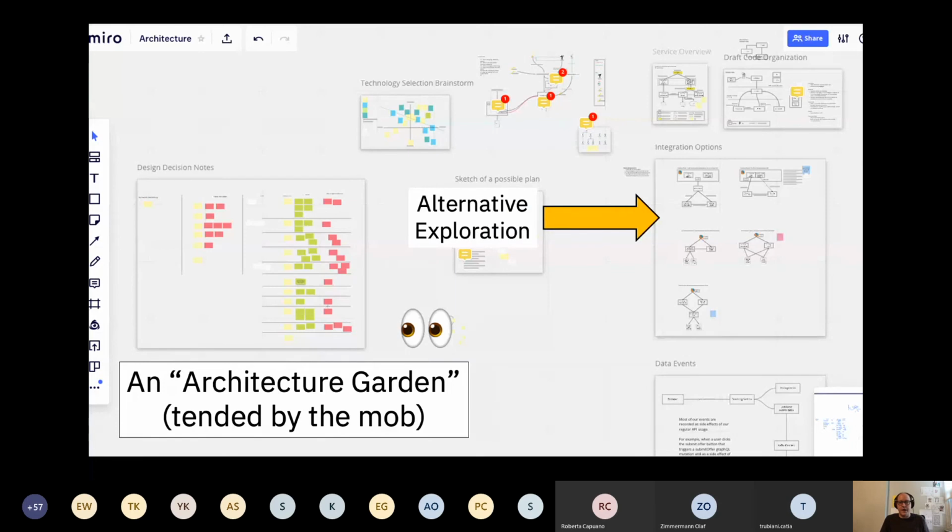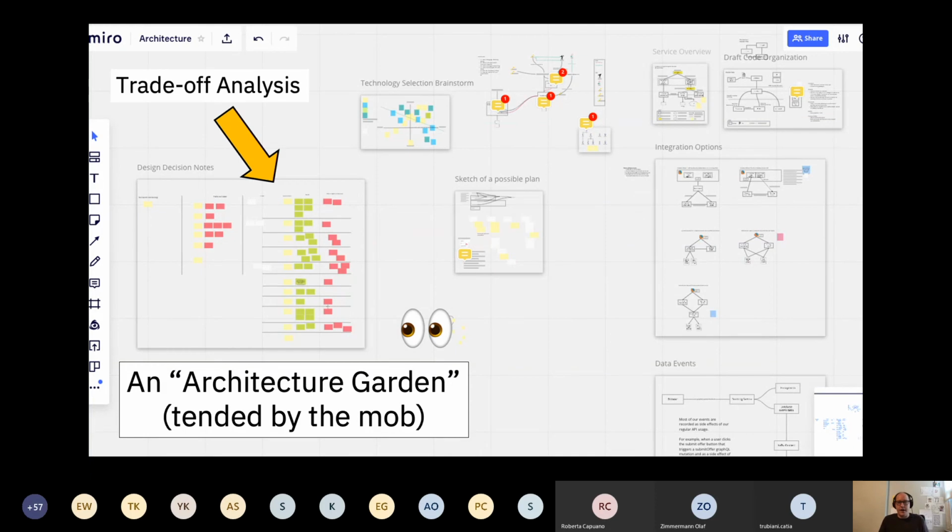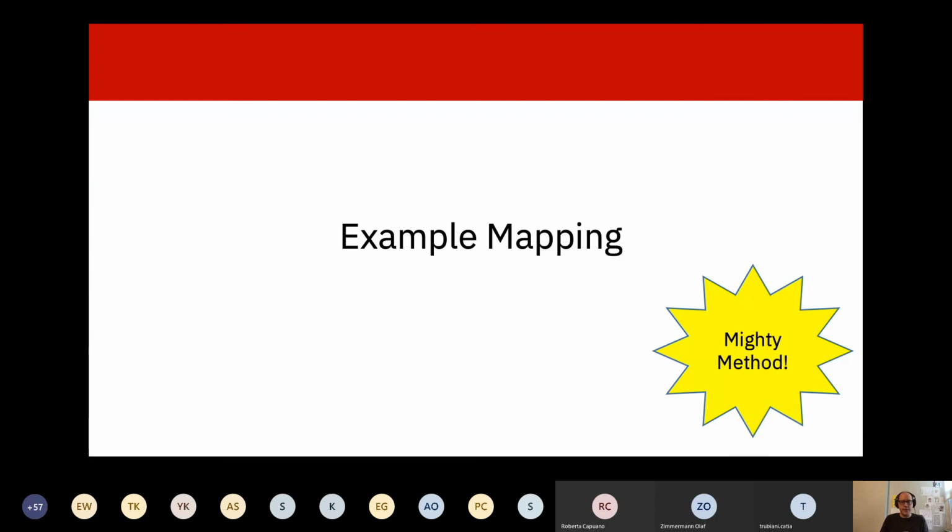Maybe during those early discussions, we're capturing alternatives that we explored, or while different branches of the code are being written, we're updating trade-off analysis as we go, all happening at the same time, which is super cool.